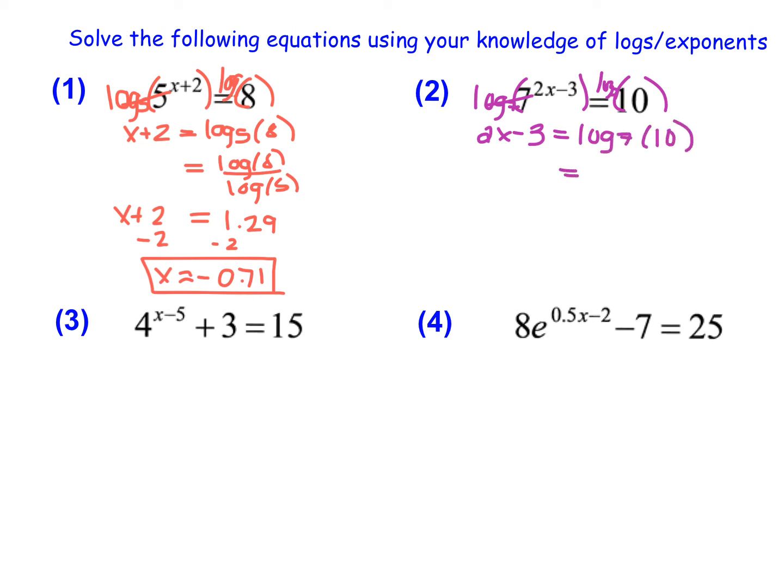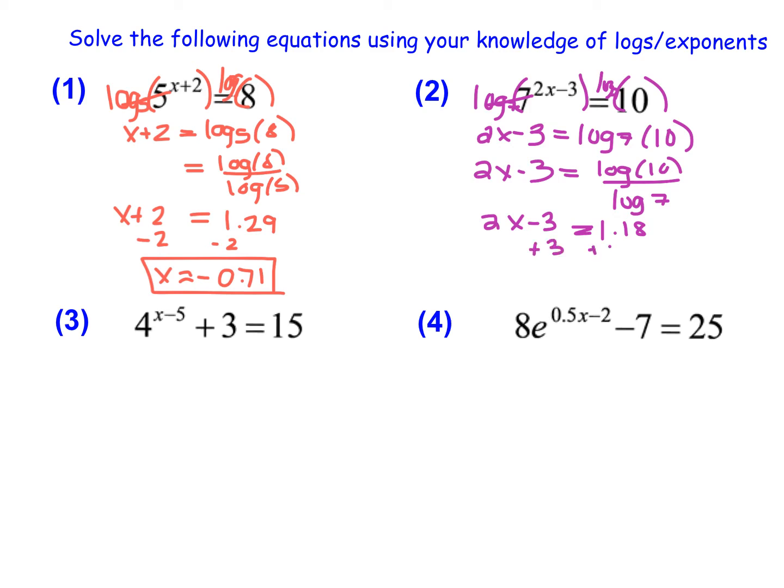We then use our change of base formula. So we have log 10 over log 7. So we take log 10 over log of 7, which is about 1.18. We then are going to solve this like a normal little equation.